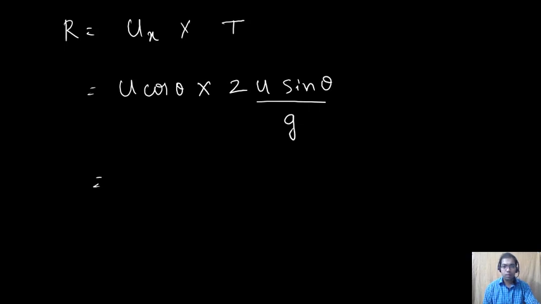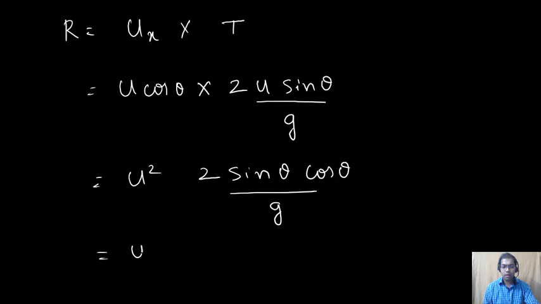Now here we have got u square 2 sine theta cos theta by g, or I can write this as u square by g into sine 2 theta.